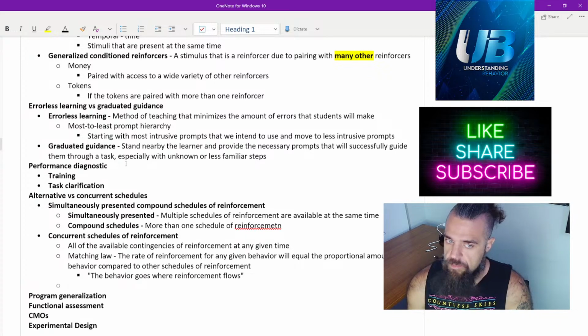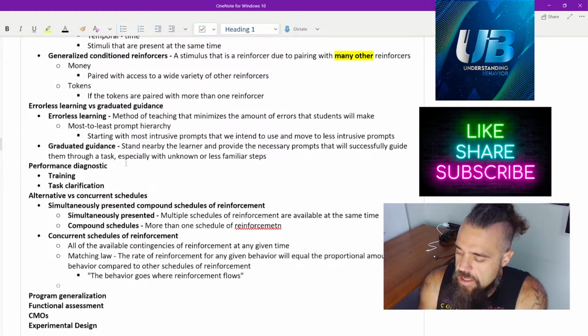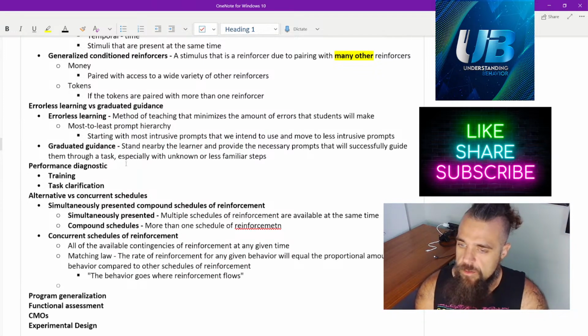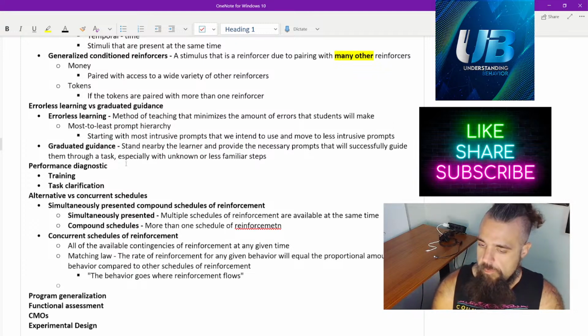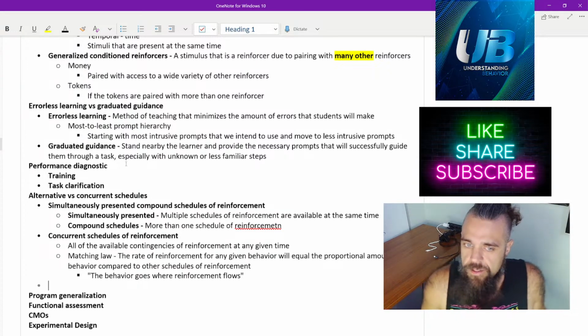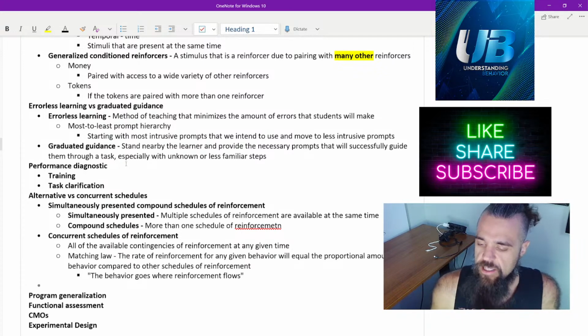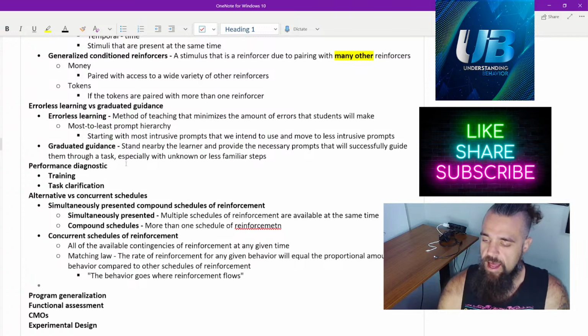So when we're looking at this, it's again just multiple schedules of reinforcement available at the same time, and we're looking at how behavior can be allocated. There's not really a limit to how many schedules of reinforcement can be available at the same time, but usually in clinical or any kind of example, we're looking between a relevant response class.